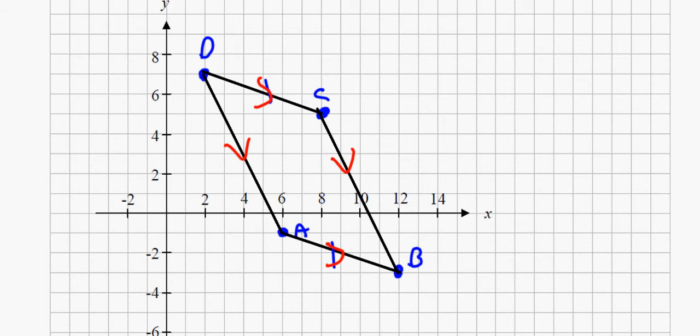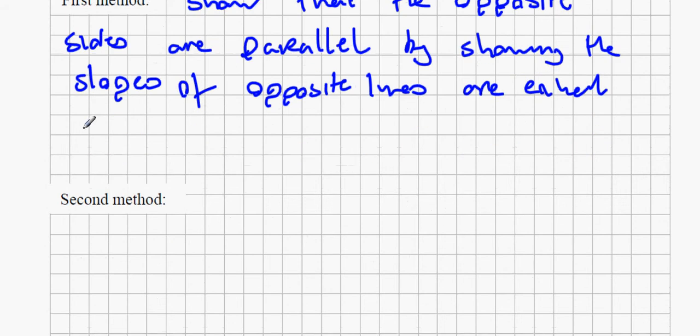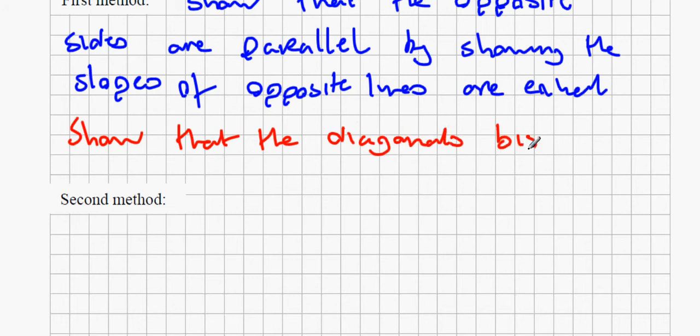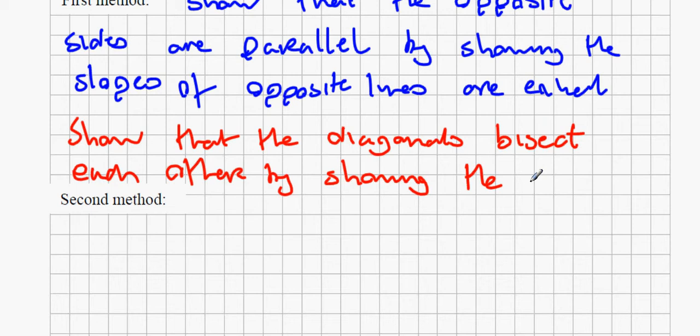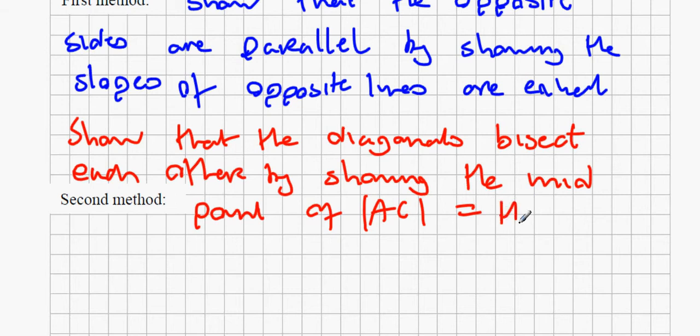The next one I can do is the second method: show that the diagonals bisect each other by showing the midpoint of AC equals the midpoint of DB.